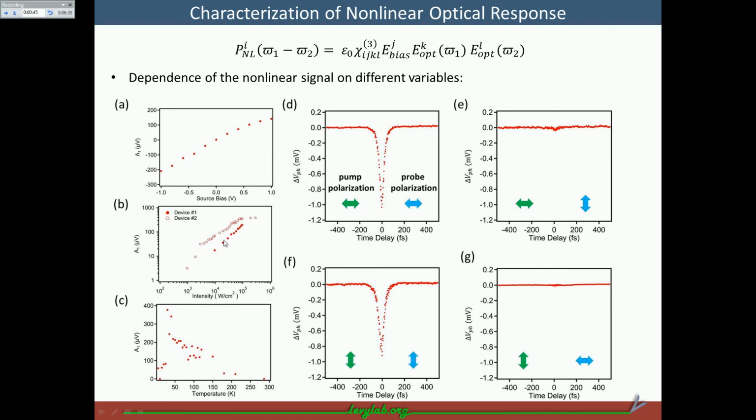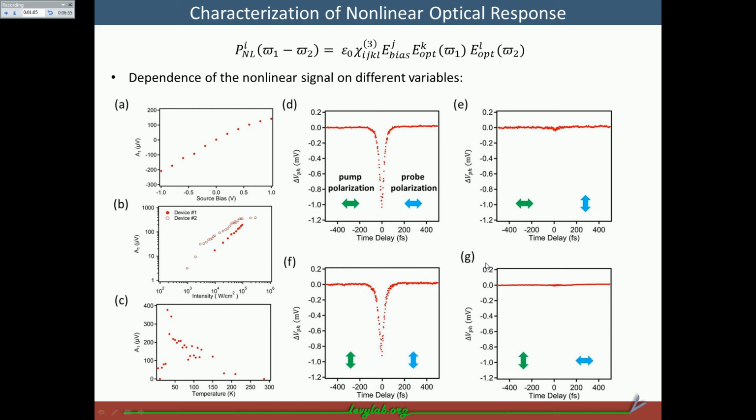It's from two devices and also has a linear relationship. This is the amplitude versus temperature. It shows the smallest K3 process at a temperature of about 30 Kelvin.